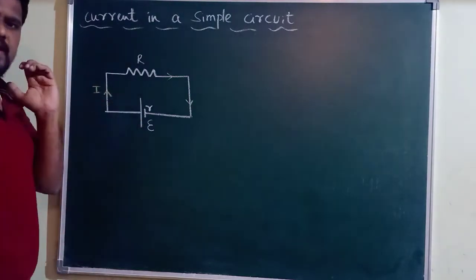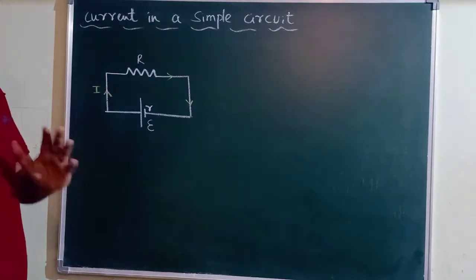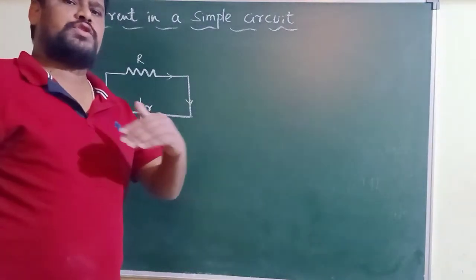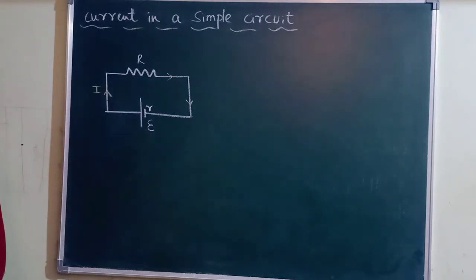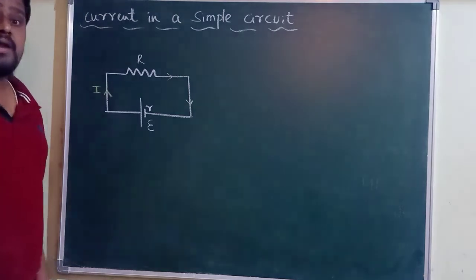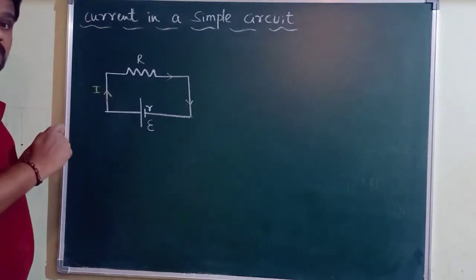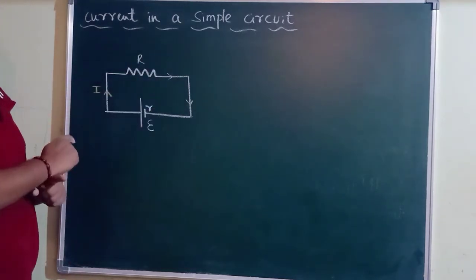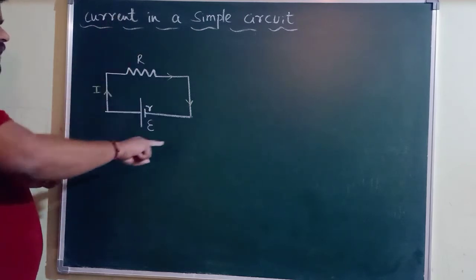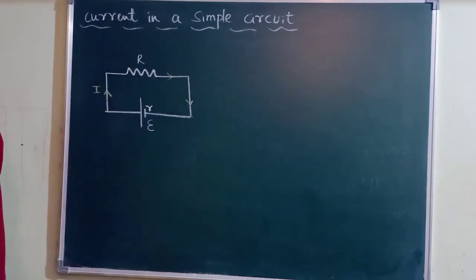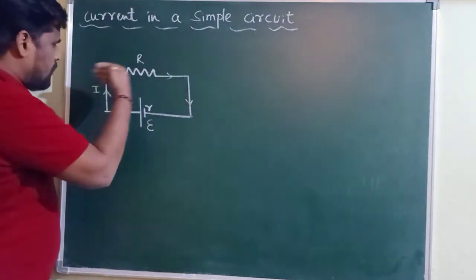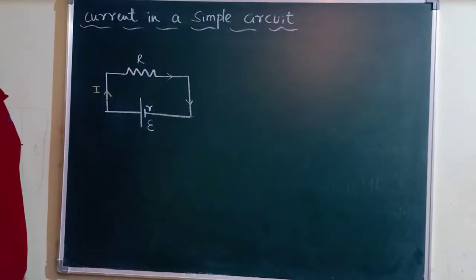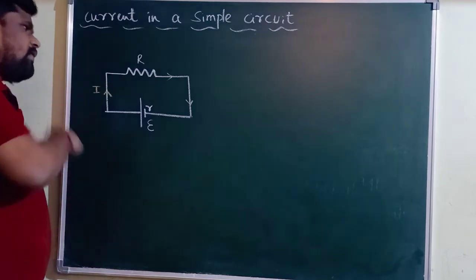You know very well, any cell exerts some opposition for the flow of electric current. That opposition we call the internal resistance of a cell. Then what is R? R is called the external resistance of a circuit. R is treated as the total external resistance of a circuit; whatever components you consider, they exert some opposition for the flow of electric current.